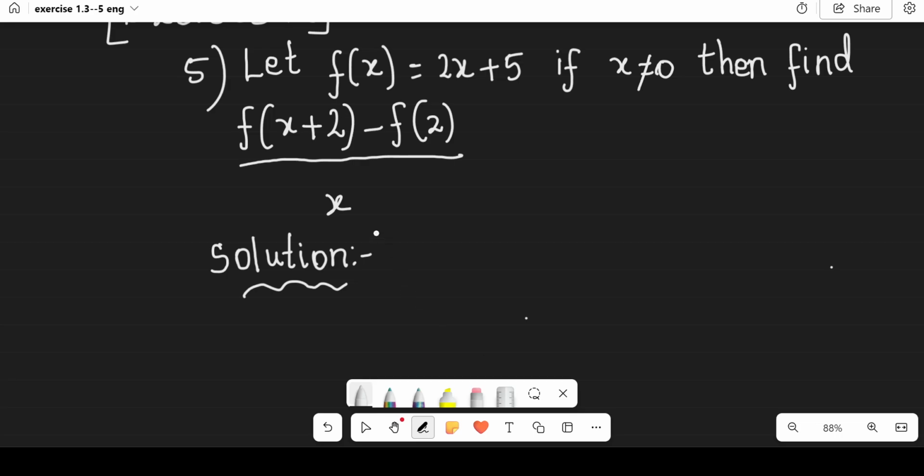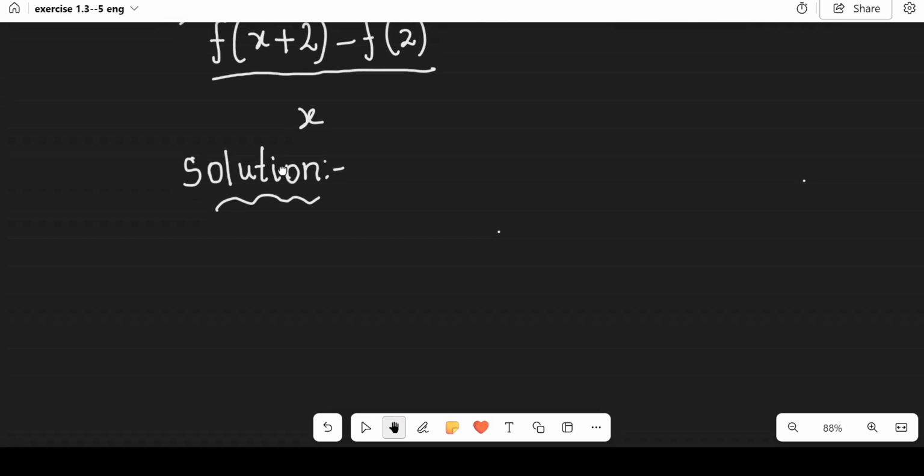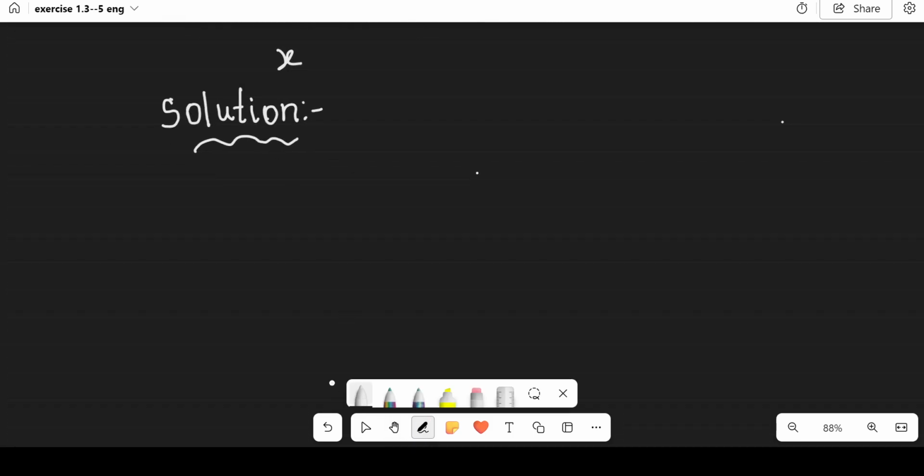What is f of x here? Here, f of x is equal to 2x plus 5.